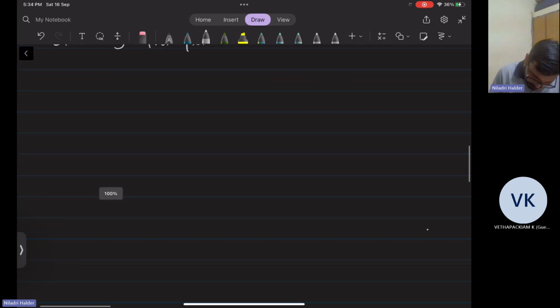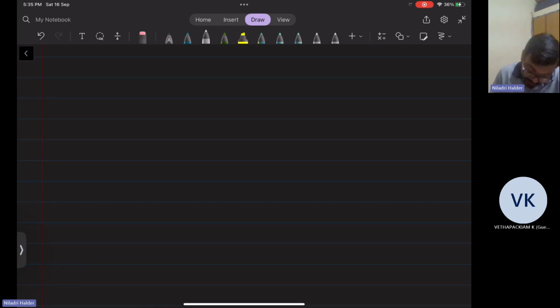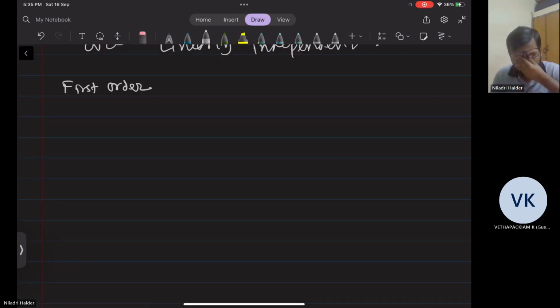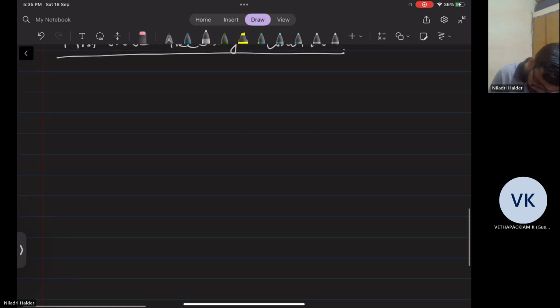Now we can directly write down the first order necessary condition. At the start it may feel difficult, but after writing these first order conditions, it will be easy. So now the first order necessary condition for the inequality case.